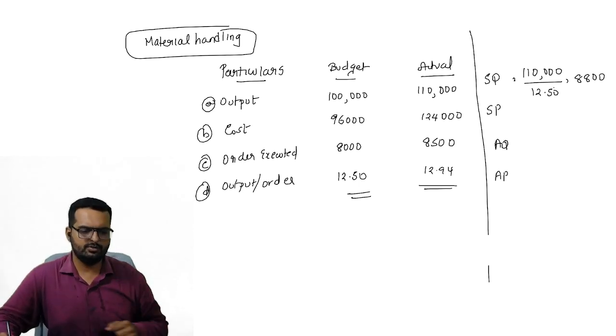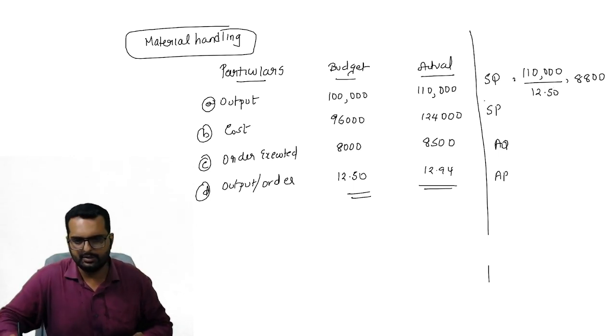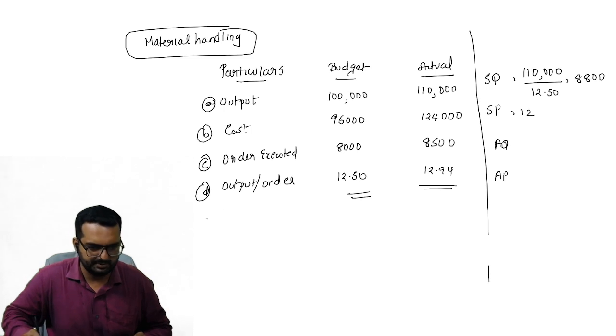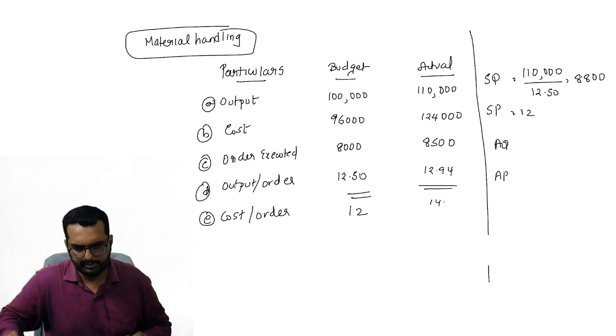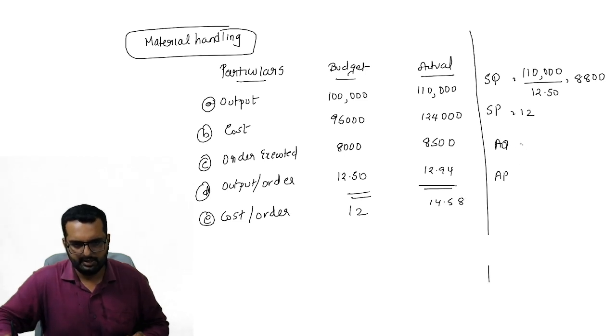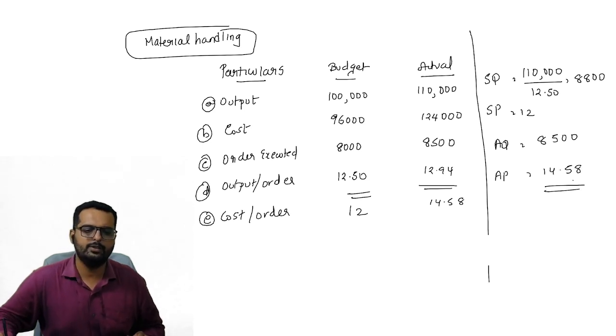And the cost per order would be 96,000 divided by 8,000. That turns out to be 12 rupees. Cost per order will be 12 over here and it will be 14.58 over here. Okay. So the actual output orders will be how much? 8,500. This one will be 14.58.